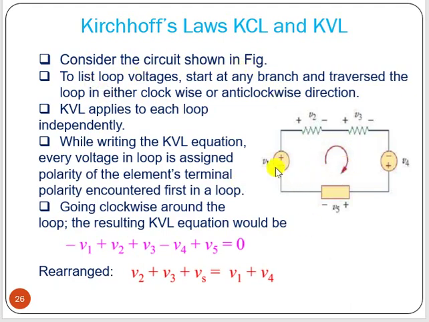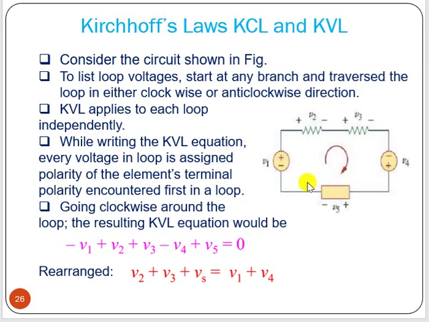So now let us consider the circuit shown in the figure. Here we can see a voltage source, a resistance, again a voltage source, and another element which has some voltage drop. There are two ways to write this voltage equation. KCL at a particular node means the current summation is 0, but KVL means at a loop, the summation of voltage drops or voltage rises is 0. Here we are taking a clockwise direction of movement.